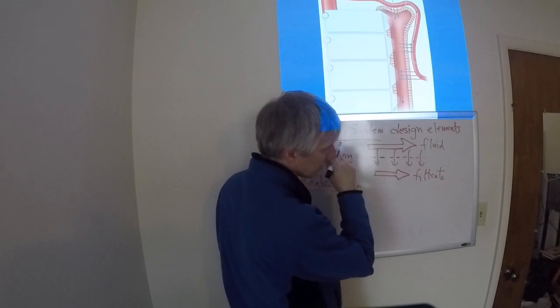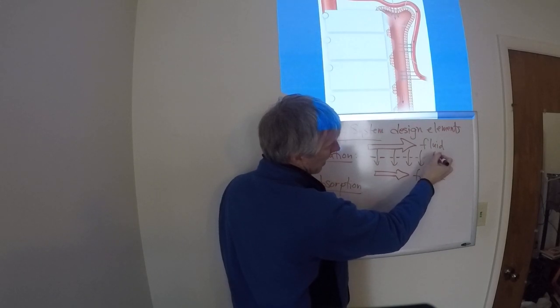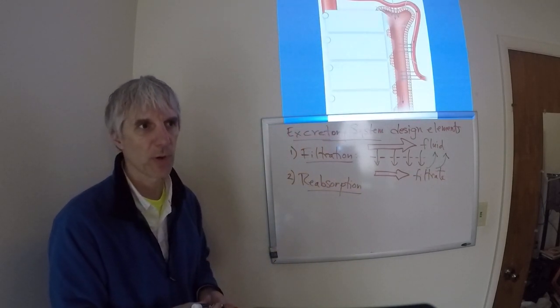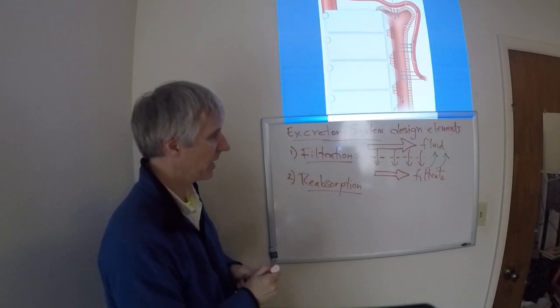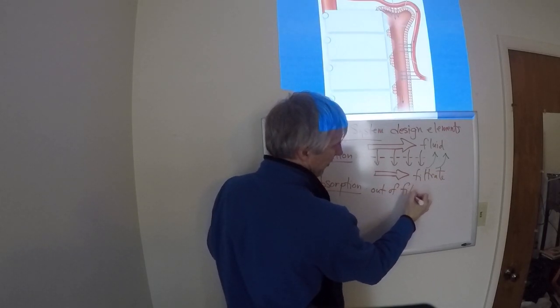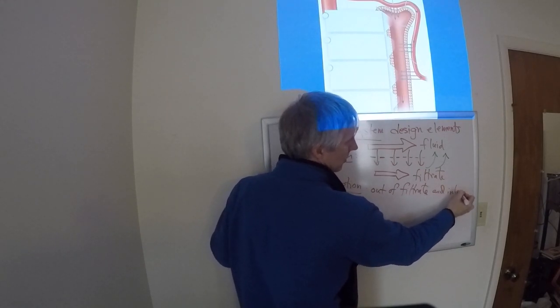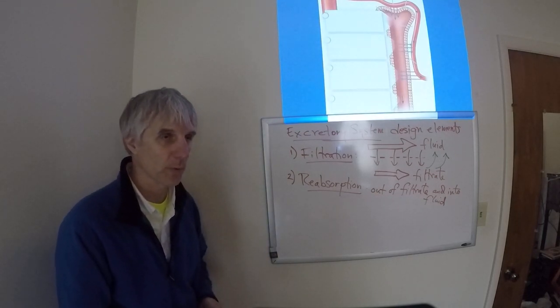So the reabsorption step is basically to take stuff from the filtrate and pull it back into the fluid. I'm reabsorbing things. I'm moving things out of the filtrate and into the fluid. That in a nutshell is reabsorption.